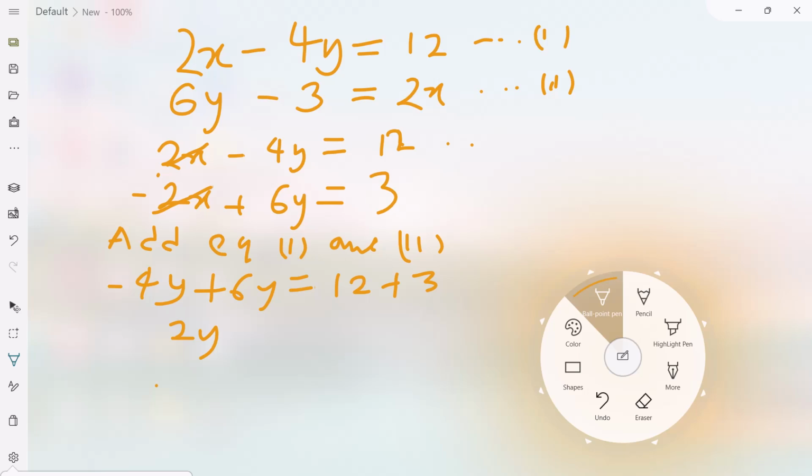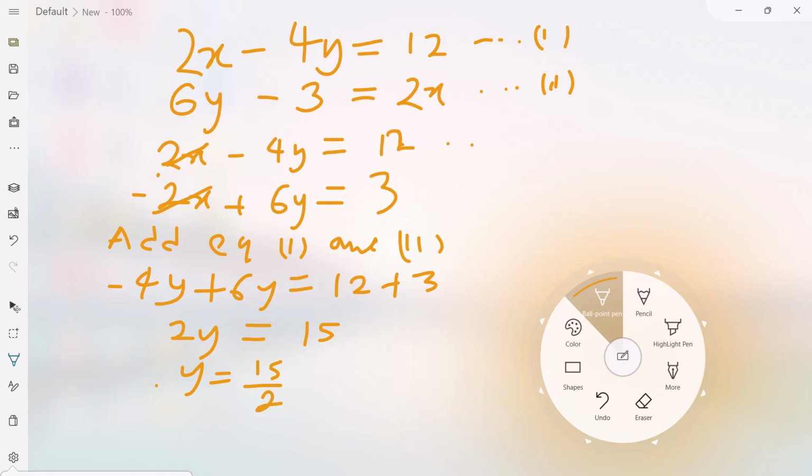So that will be equal to 12 plus 3, that's 15. So my y is equal to 15 over 2. When I divide both sides by 2, I have 15 over 2.